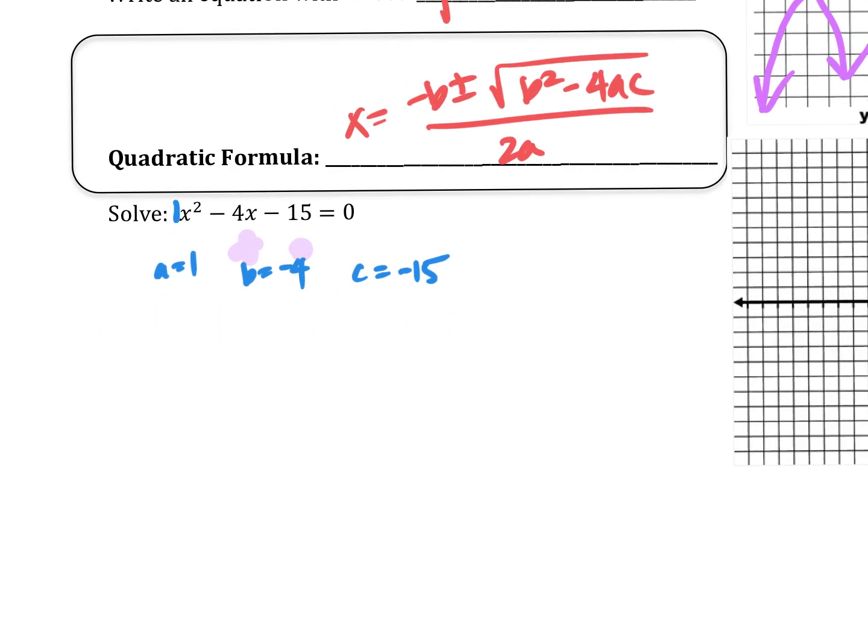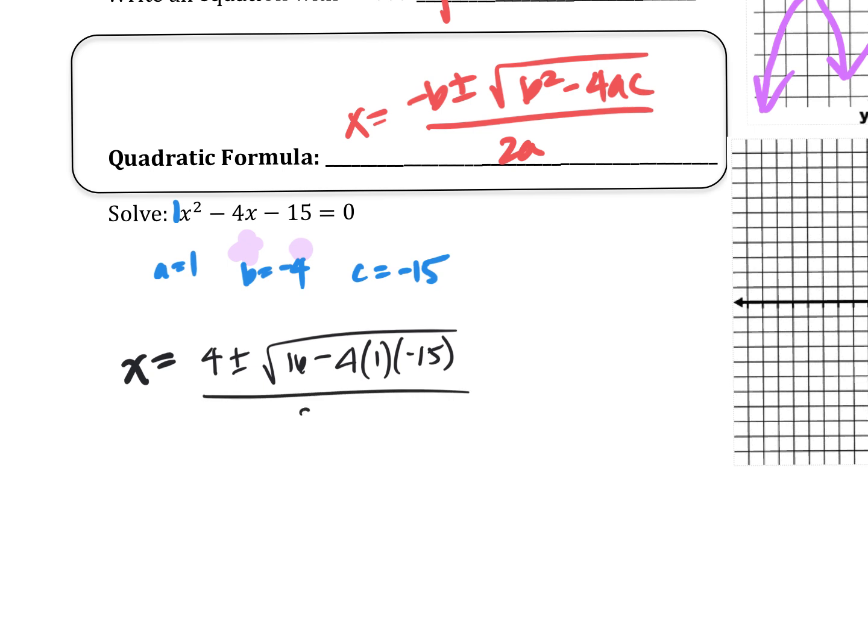And then the quadratic formula is just doing x equals, what would negative B turn into? 4. Yeah, negative 4 would be 4 plus or minus square root B squared. Negative 4 squared? 16 minus 4 times my A, which was 1, times my C, which was negative 15, all over 2A.